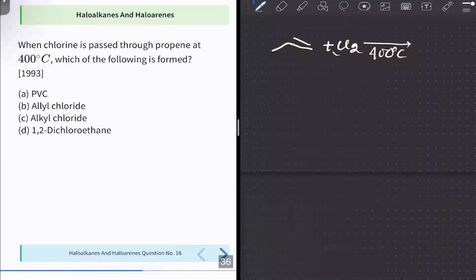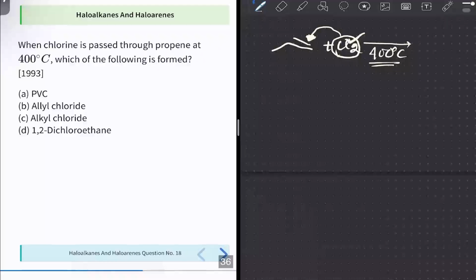Look, there is a chlorine molecule. So there is a strong possibility that it will break the double bond and form an addition product. Okay, this is the common sense. But at 400 degrees Celsius, the addition reactions are not favorable.